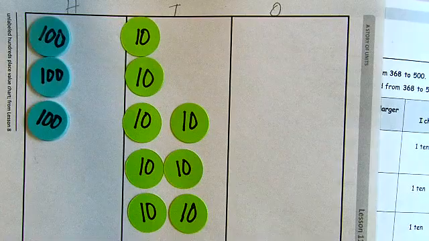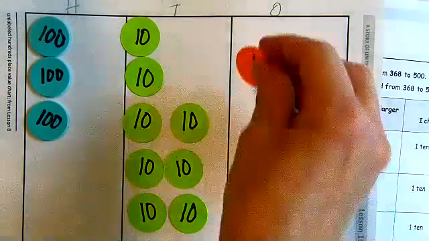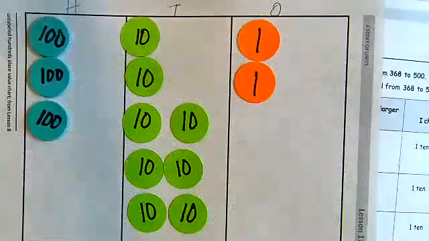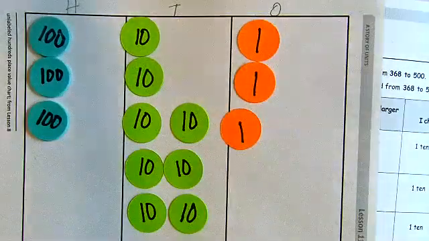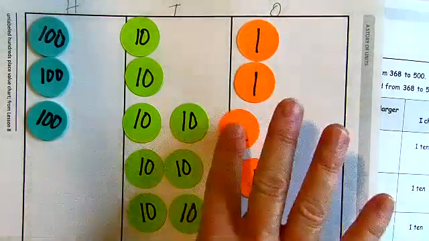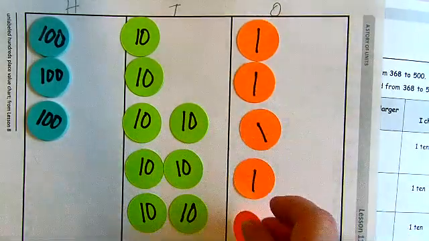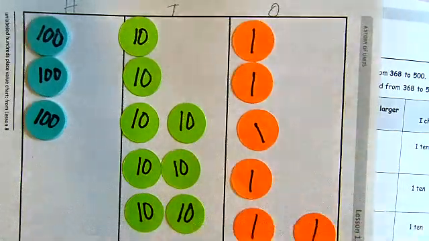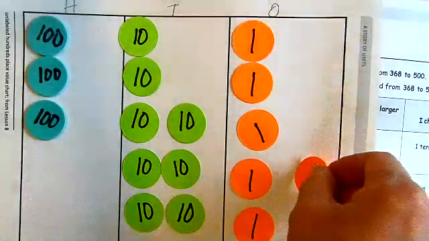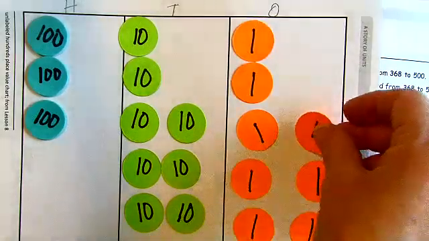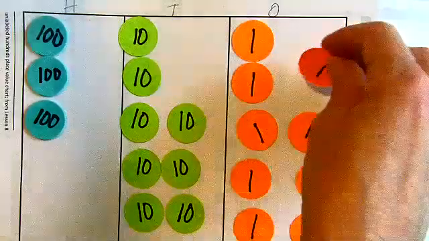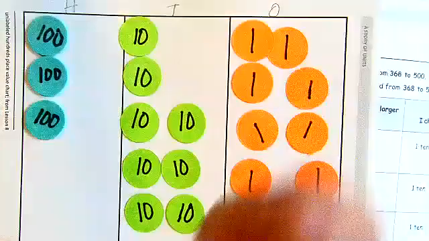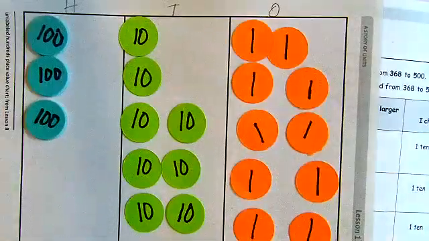So here we go. 380, 381, 382, 383, 384, 385, 386, 387, 388, 389, 390.